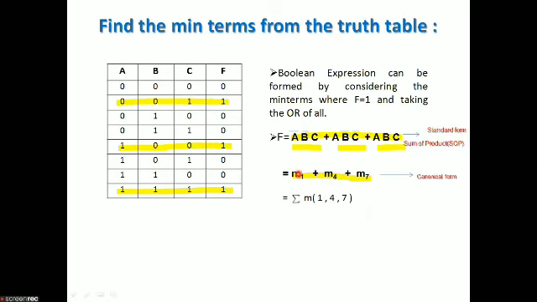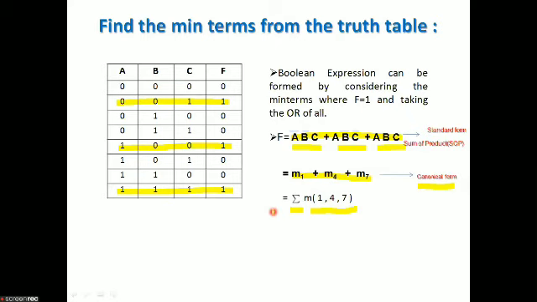That is, M1 plus M4 plus M7 is the canonical form. As this is a sum, you can replace it by a summation sign, summation small m in brackets 1, 4, 7. This is the representation in the case of the min terms.